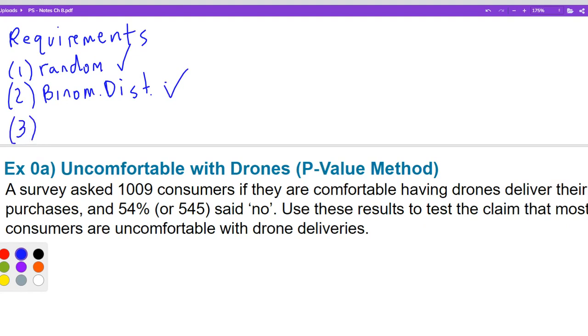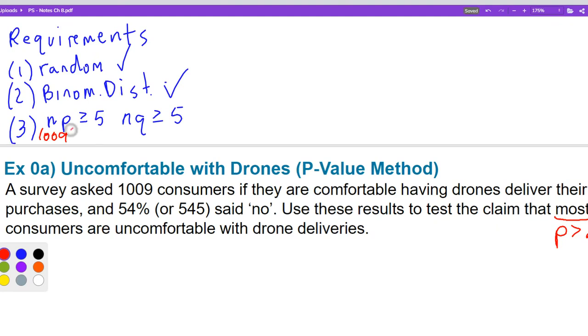Your third requirement is n times p has to be greater than or equal to 5. N times q also has to be greater than or equal to 5. Well, n is 1,009, and the claim is that most consumers are uncomfortable with drone deliveries. So we're going to say p is greater than 0.5 when we talk about most.